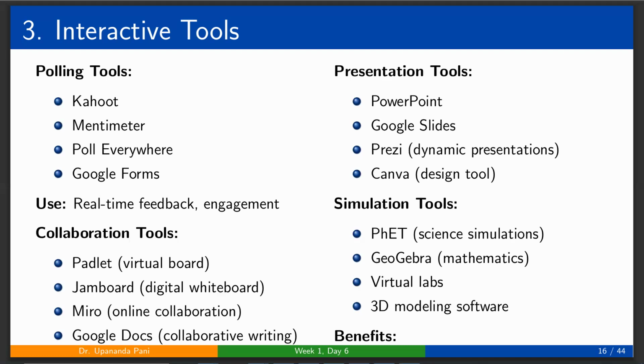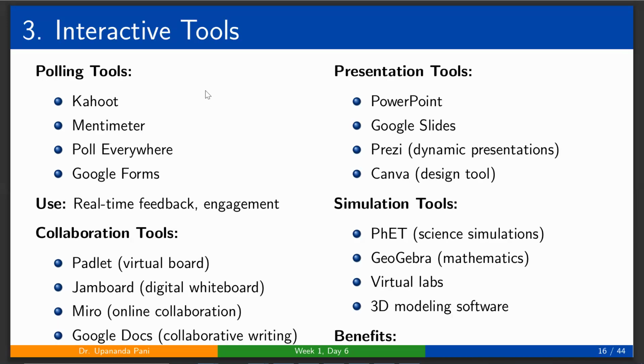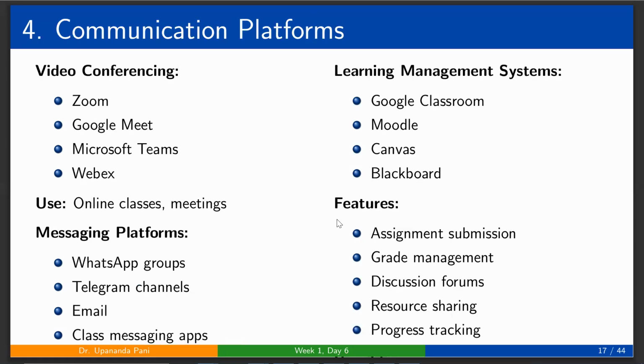Then simulation tools: PhET, basically science simulations, then GeoGebra for mathematics, virtual labs, 3D modeling software. So all these are interactive tools which are actually emerging, and the list is long. Even if you search some of these, you will get to know these are very useful tools.